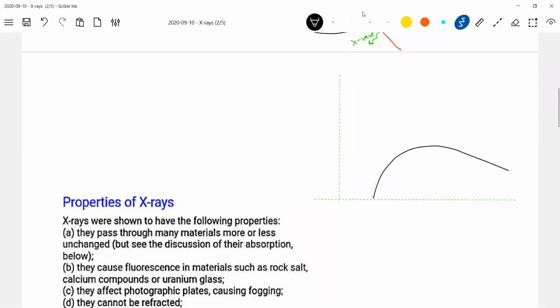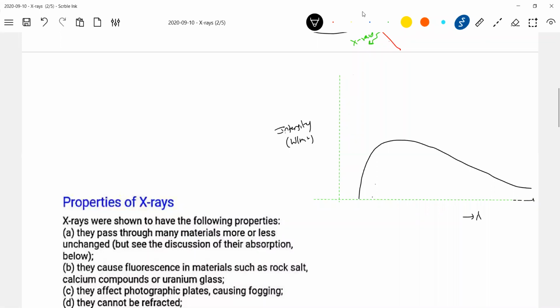Some peak, like this. Don't show intensity zero. So I'm plotting intensity on this axis, and this is wavelength. Don't make it intersect; just leave this curve. Lambda infinity should not be there. Very large wavelength it will be.